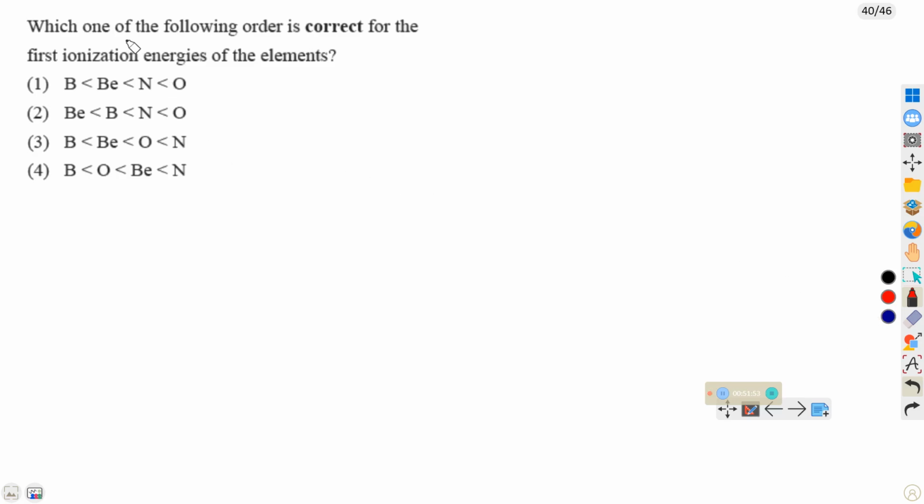Which of the following orders is correct for the first ionization energies of these elements? Third option is correct. We know that IP1 of second group elements is greater than IP1 of third group.